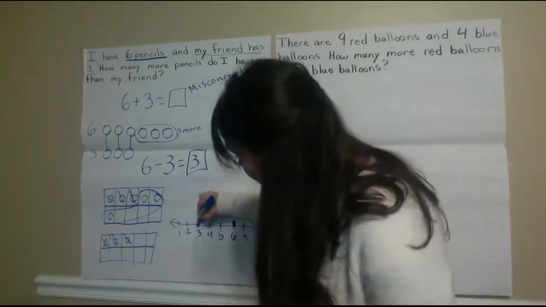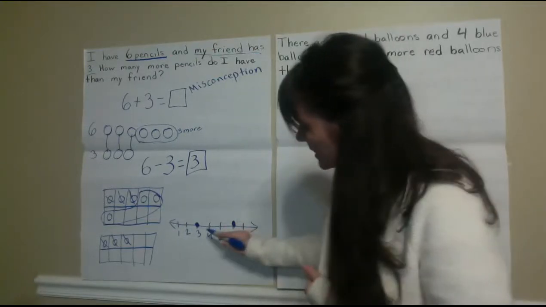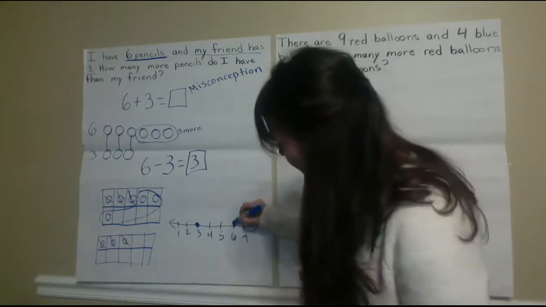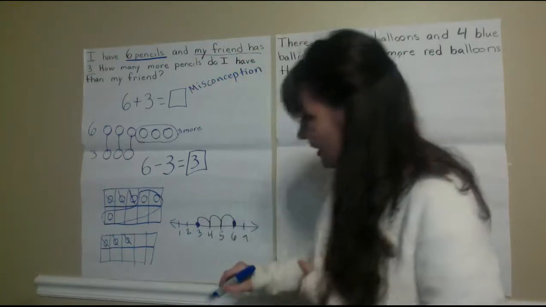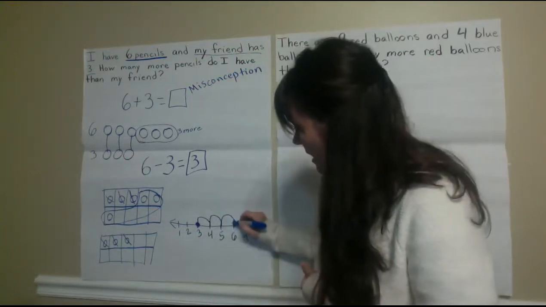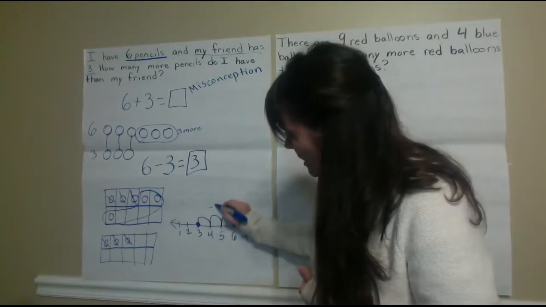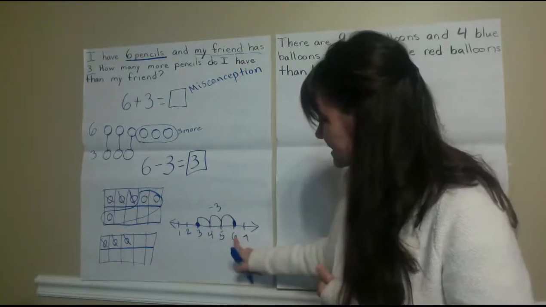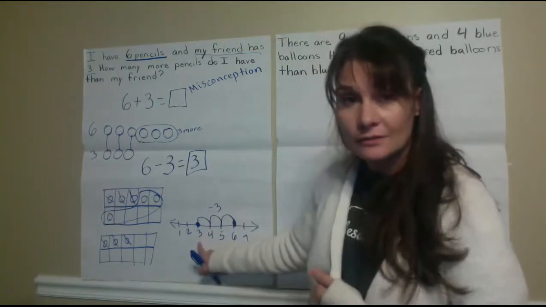And my friend had 3. Now we're going to see the difference between the 6 and the 3. So I can hop back till I get to my 3. And it took me 1, 2, 3 hops to get back to that number. So 6 minus 3 equals 3.